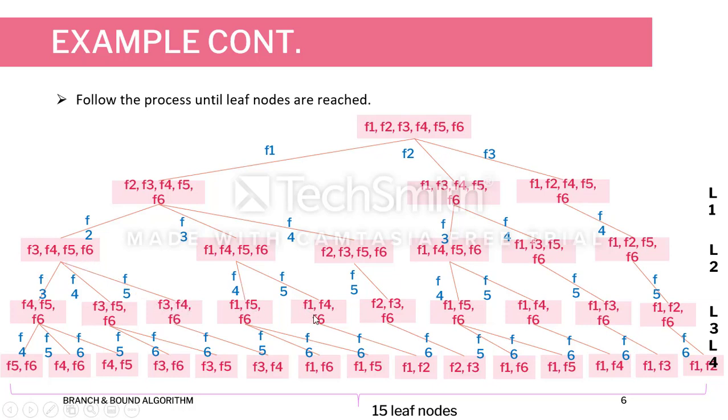Likewise, I have to follow the process. As I explained earlier, I have removed the features in ascending order. So that is level 3, and in level 4, I'm left with subsets of 2 features. So in the last level, I'm left with 15 leaf nodes, which have 2 features each.